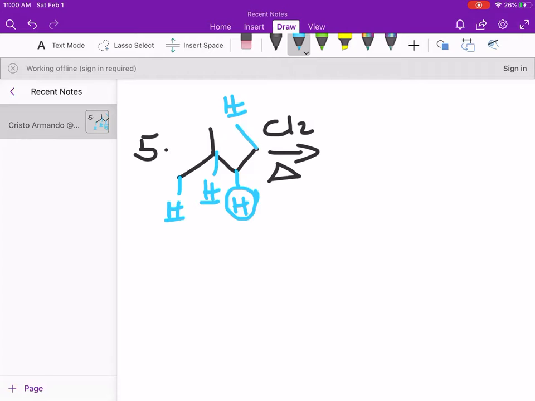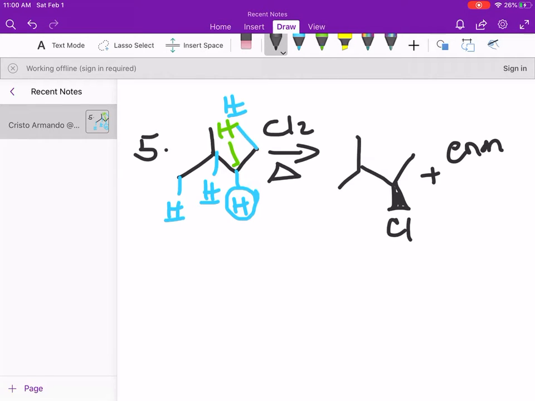Your chlorine and then the other hydrogen that isn't drawn, giving you a chiral center. So from here, we know then we can start from that chiral center, right, plus an enantiomer. So that's 2 products.